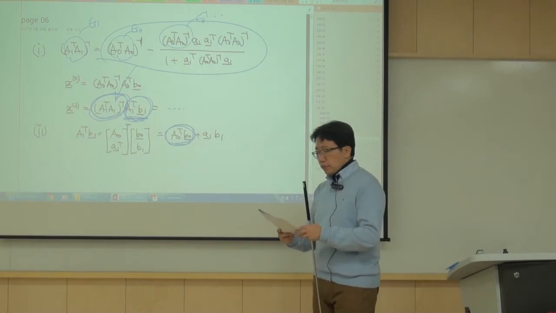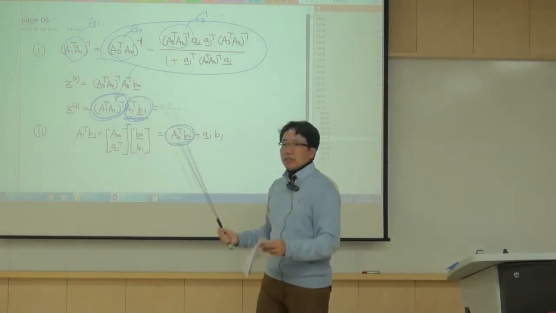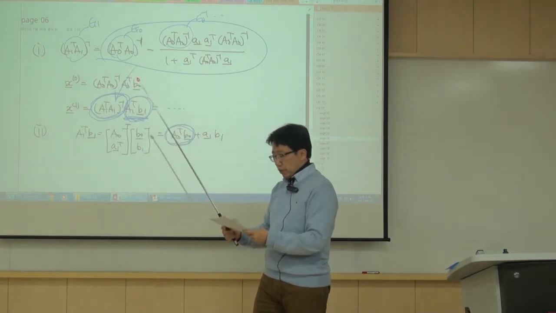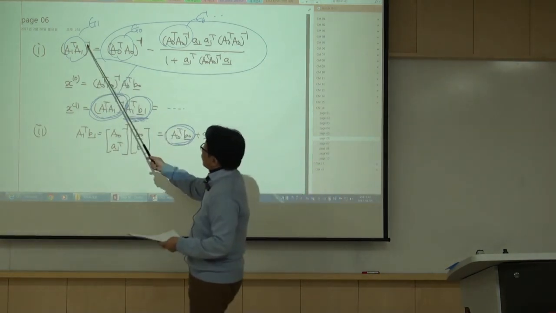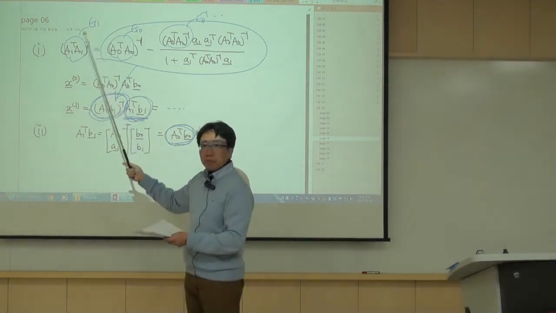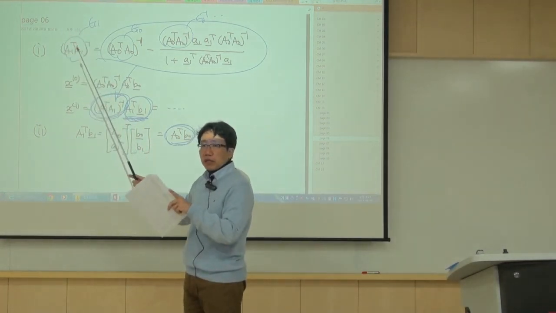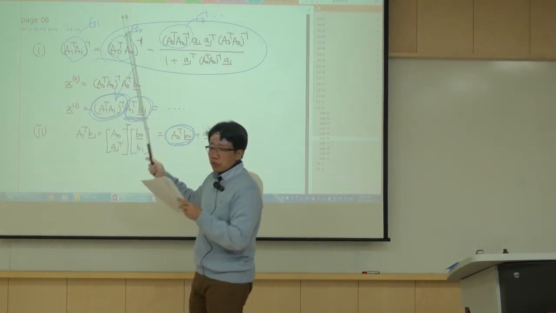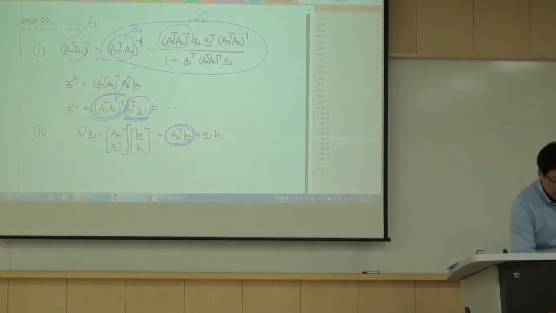The authors probably didn't want to have this wide equation in their textbook, so they made a change of variable. By the way, even though it shows inverse, you never compute inverse, except the original (A0 transpose A0) inverse. So the textbook also has that idea.